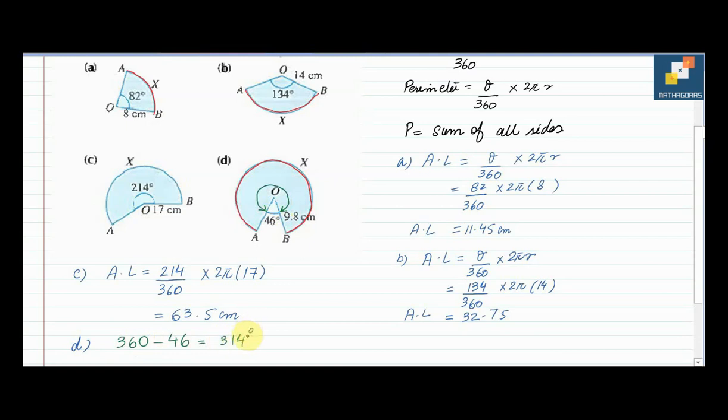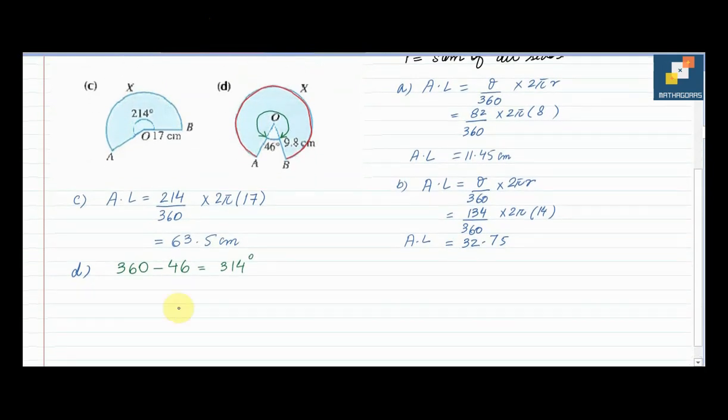314 degrees, right? Now the same working formula, arc length is equals to angle, that is 314 divided by 360 multiplied by 2 pi r.